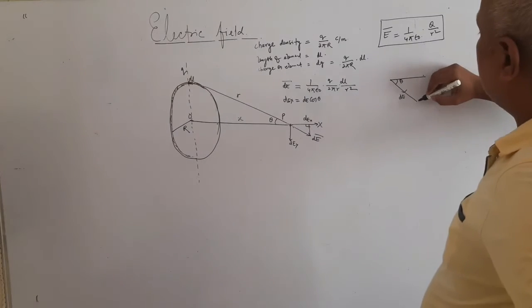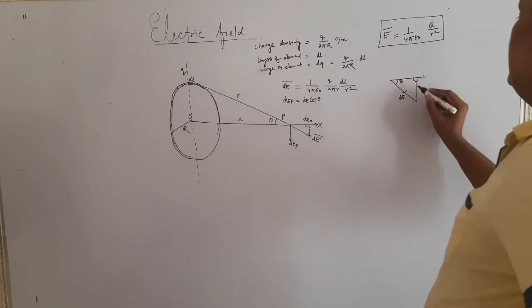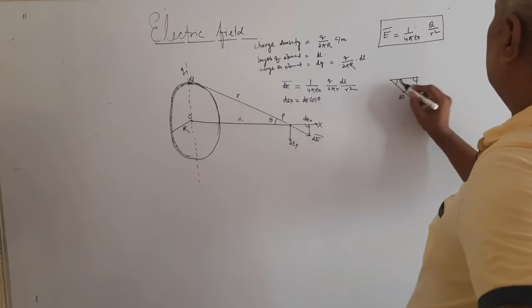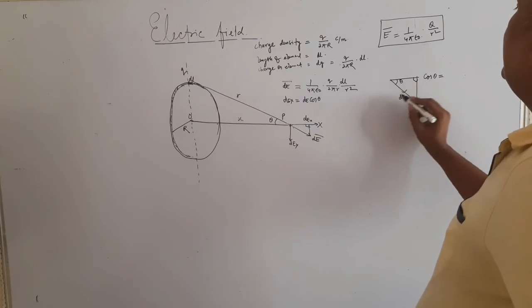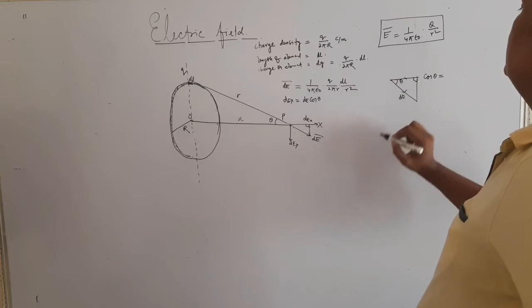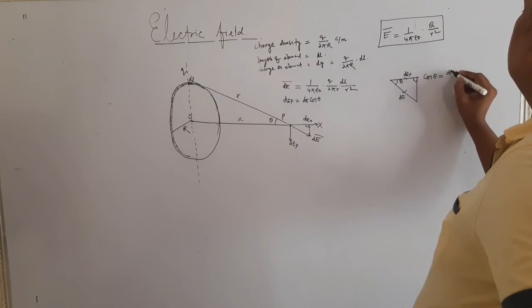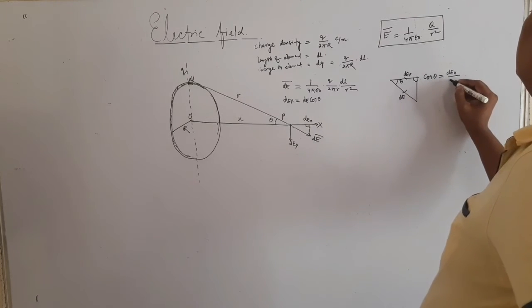So if you drop one perpendicular here and apply trigonometry, cos theta is adjacent, this part is adjacent, so I call it dEx, upon hypotenuse, that is dE.